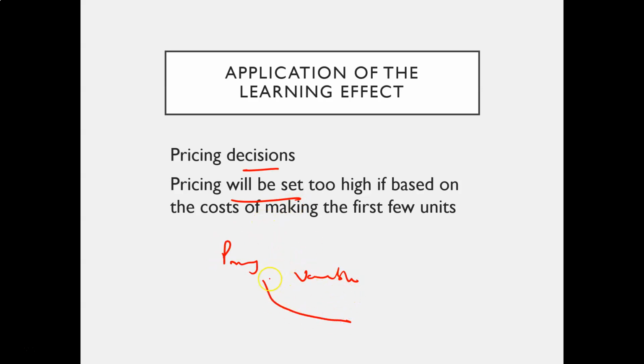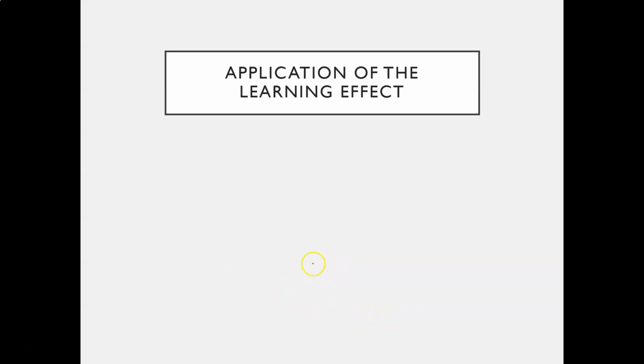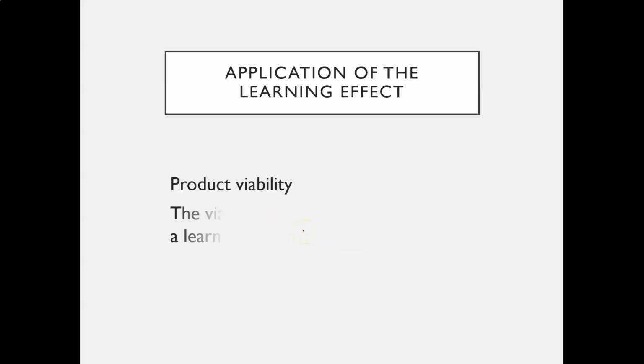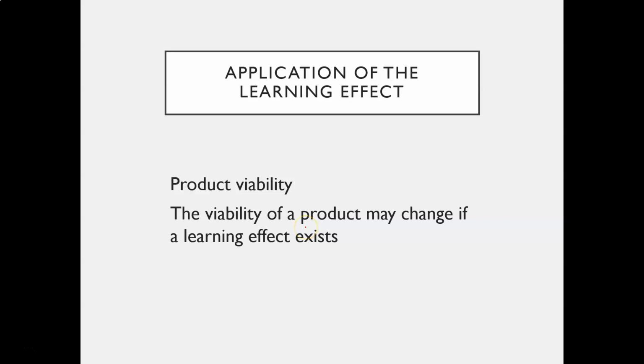So we should be comforted by the fact that we can drop price knowing the variable costs are falling, and then maybe increase price later. We're not stuck with the idea that variable costs are fixed anymore, and we can manipulate our prices to take advantage of that.